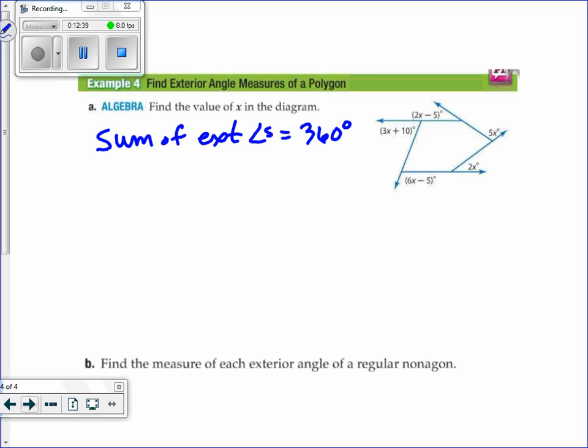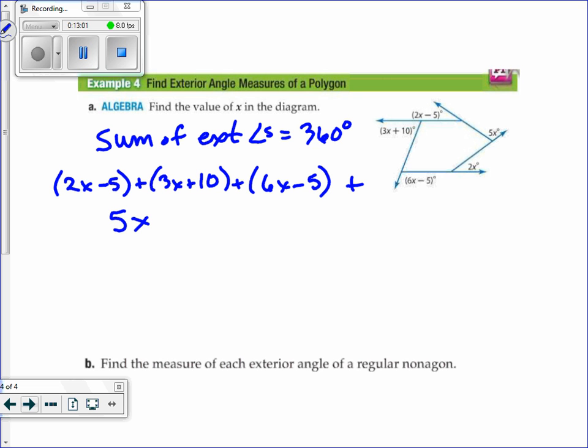So if I add all of those expressions up, it will equal 360, and I'll be able to solve for x. So let's start with 2x minus 5 plus 3x plus 10 plus 6x minus 5 plus 5x plus 2x, and that's going to equal 360 degrees.